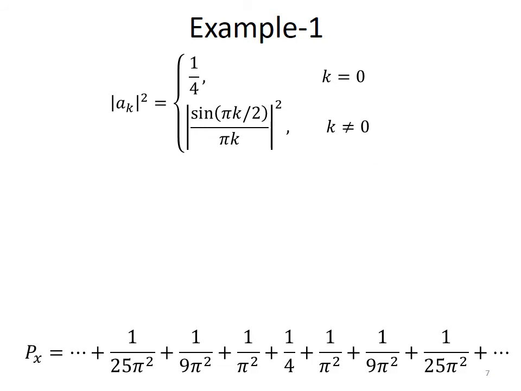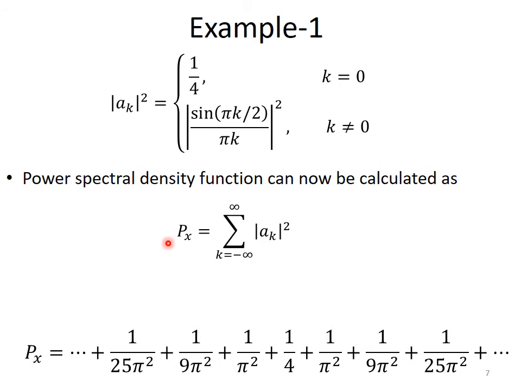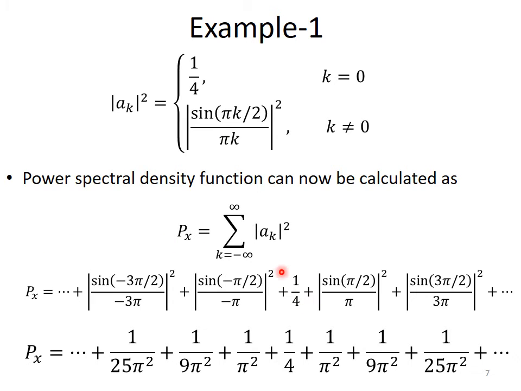We can expand this for different values of k. For example, here this is k equal to 0, then when we substitute k equal to 1, this would be sin pi by 2 upon pi. Then k equal to 2, it would be simply sin pi upon 2 pi, and for k equal to 3, it would be sin 3 pi upon 2 upon 3 pi, and so on.